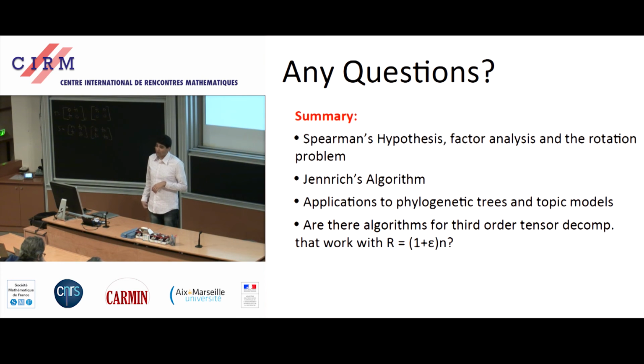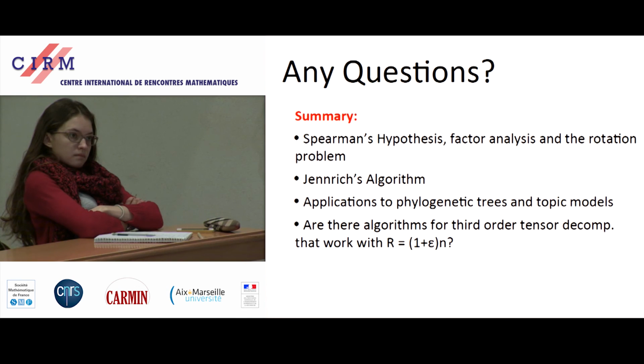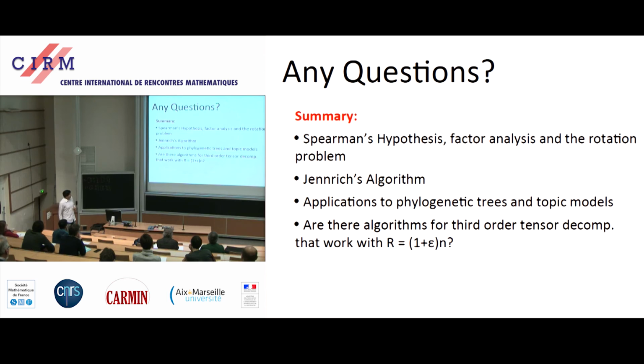Show me an algorithm that works for 1.1 times n in sub-exponential time. I actually don't know, because everything really does assume these factors are linearly independent. I go back and forth on whether such a thing exists, but I would love to see it. So I'll leave that as my tantalizing open question. Someone solve it, that would be great.